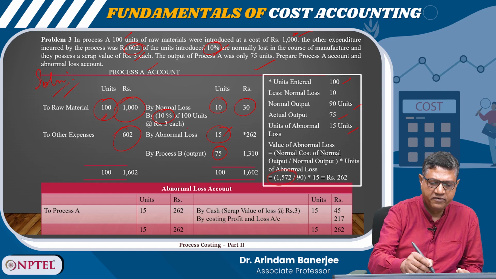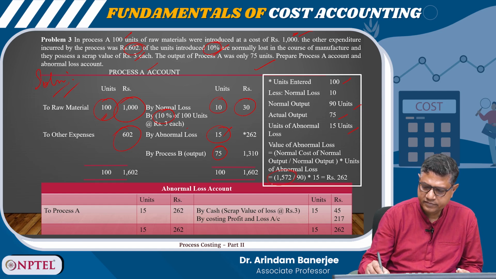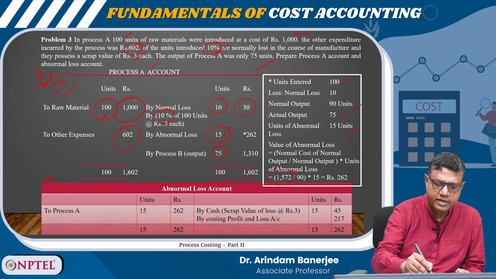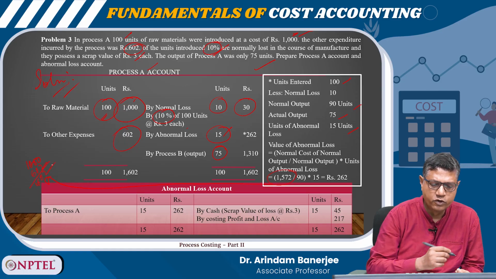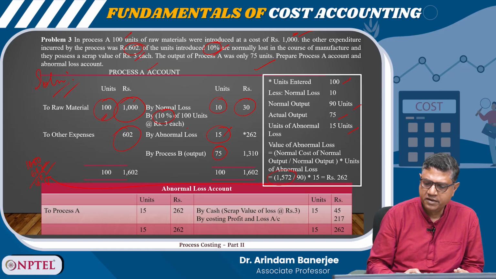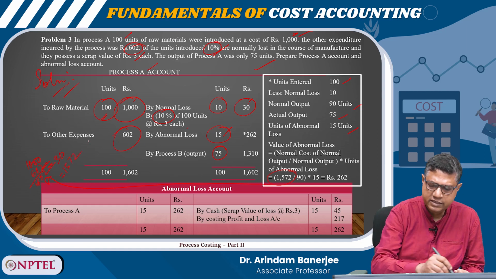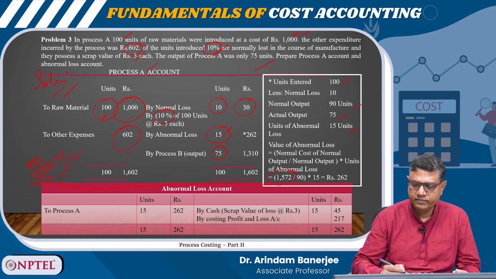You see, from here I am getting 1000, this is my raw material, plus 602 is my other expense. So, 1602, minus this normal loss of 30. If I deduct 30 from here, I am getting 1572. This 1572 is mentioned here, right.